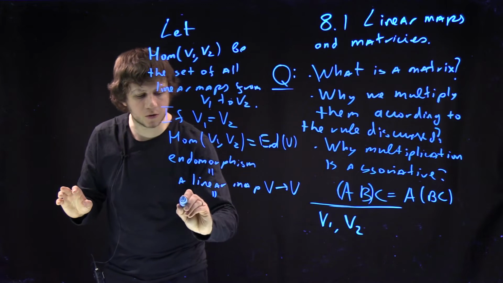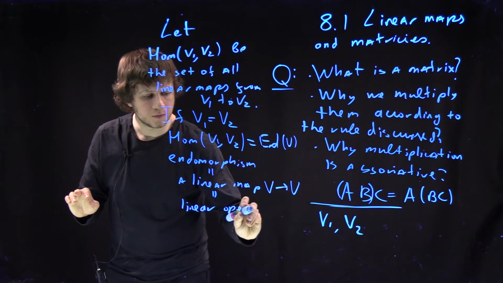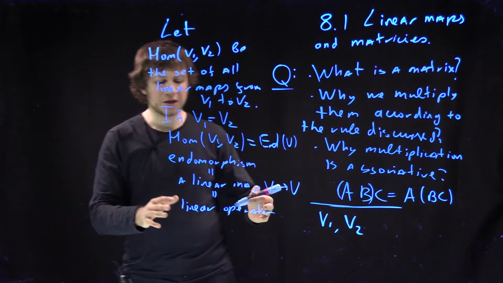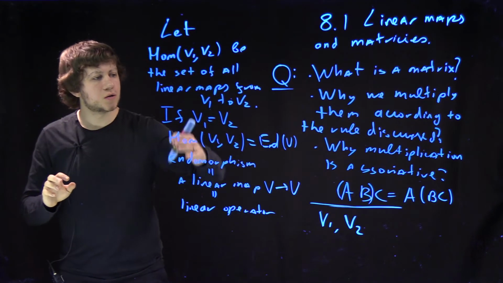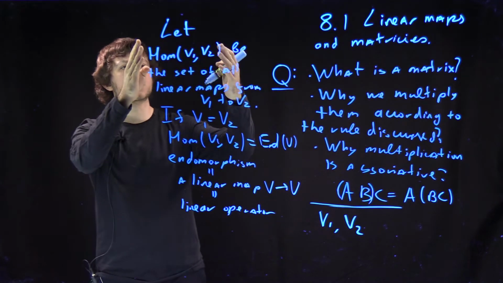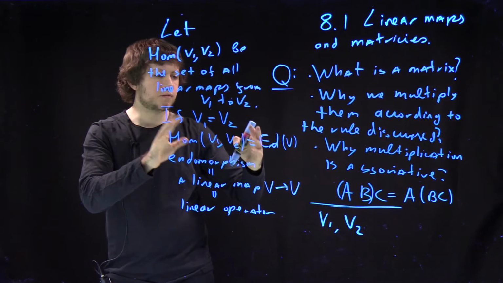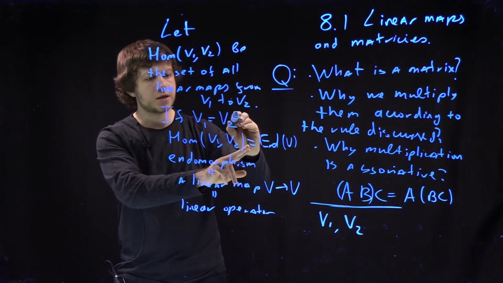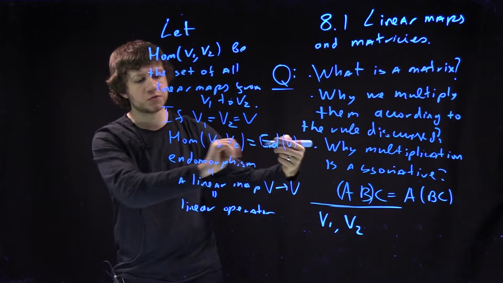That's what is called a linear operator. When I just started to learn that, I thought it is a very fancy word. Whatever. So linear operator. So one has these two nice objects, all linear maps between V1 and V2, and more especially maps from V to itself. So basically, when two spaces are the same, then you can look at maps from V to itself.